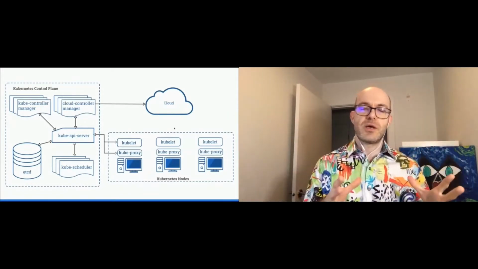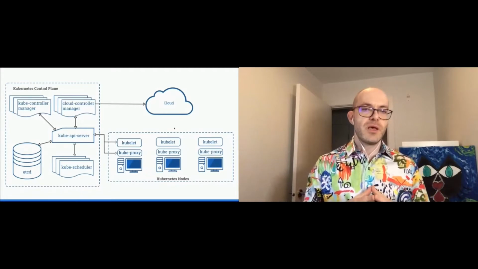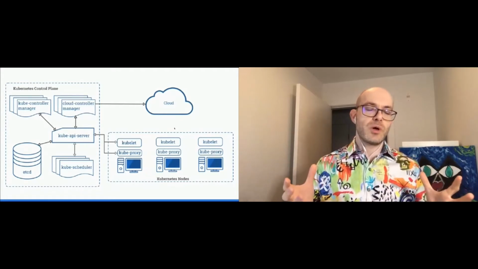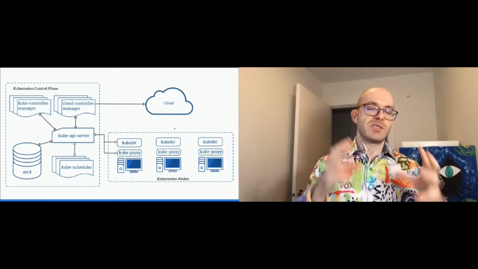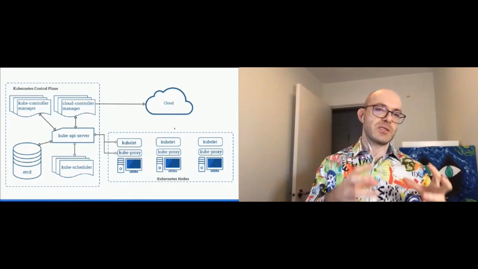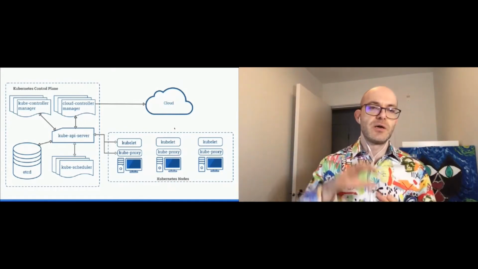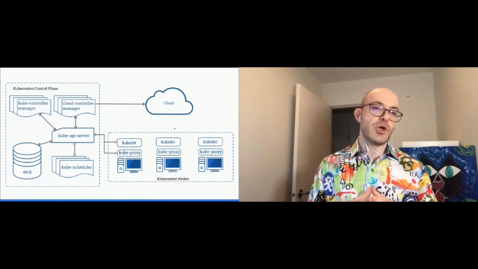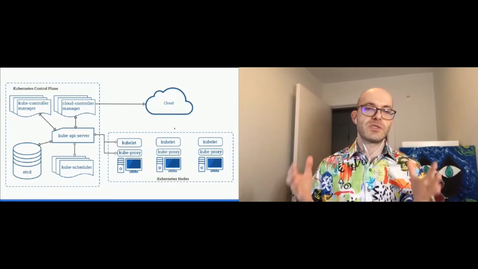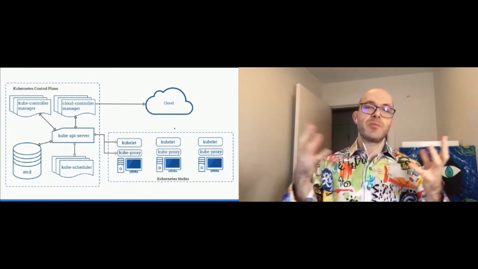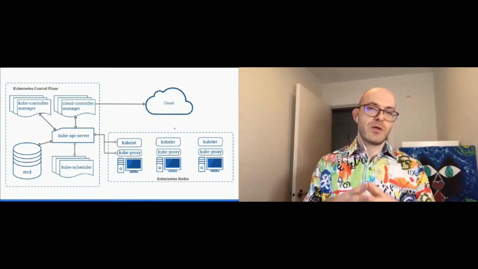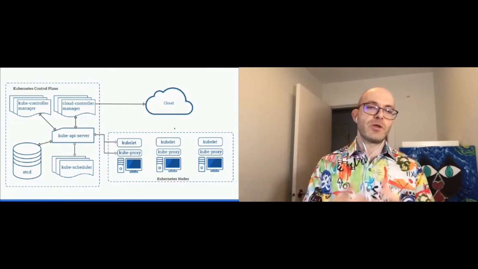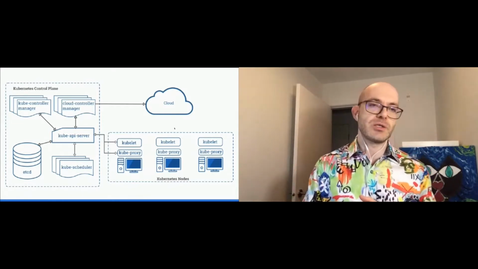There's one that they call Kubernetes control plane, and that's one or more master nodes that run system components that make up the Kubernetes cluster. The right-hand side of that is what they call Kubernetes nodes, and that's essentially worker nodes that talk to the control plane, but ultimately their core responsibility is to run your workloads, run your applications.